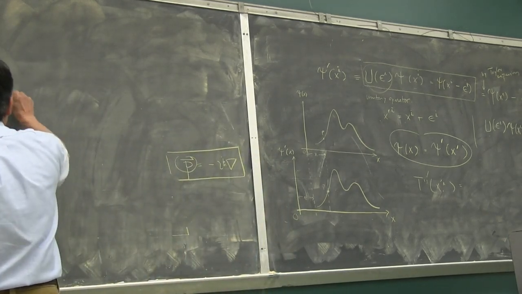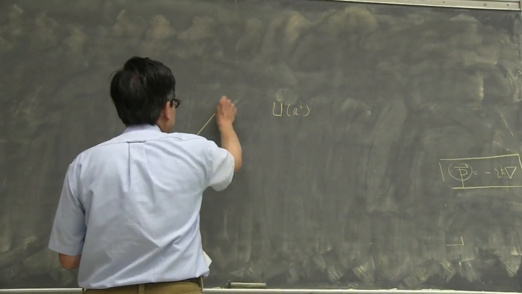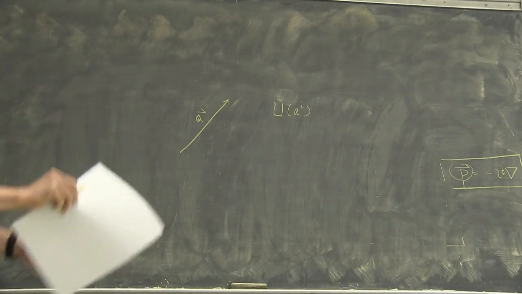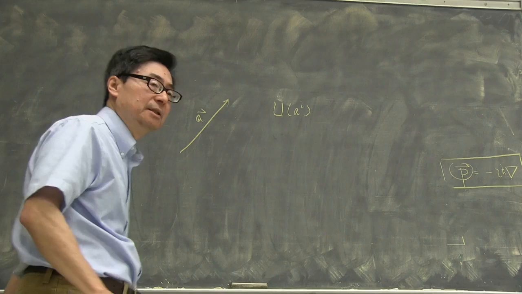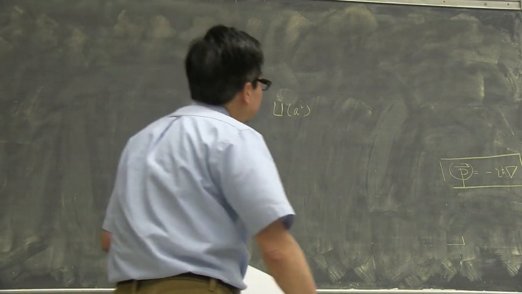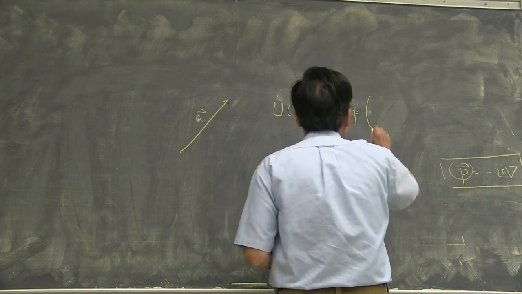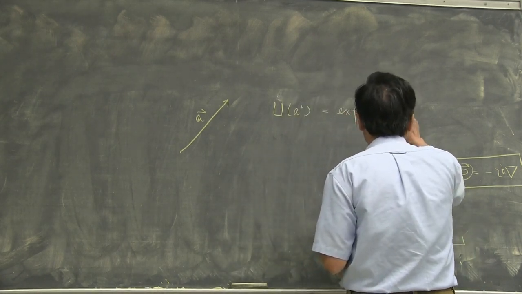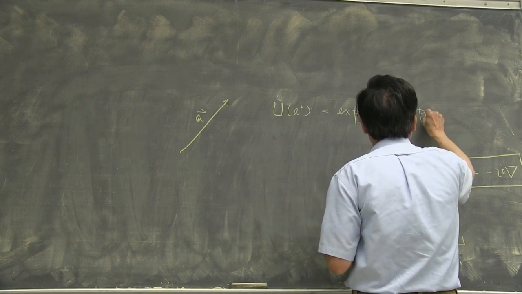So now, let's say for finite translations, I'm going to translate everything by a finite vector A, a constant vector which would have constant components that I'm going to call a_j. The unitary operator corresponding to a translation is then going to be the exponential of i over H bar, a_j P_j.